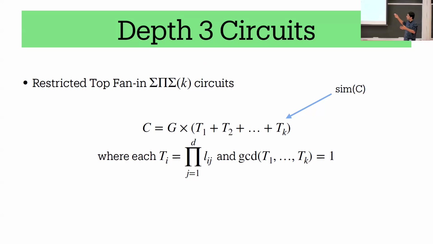You ensure that the GCD of the gates is 1, and each of the gates is a product of linear forms. So this is how the polynomial computed by the circuit looks like.